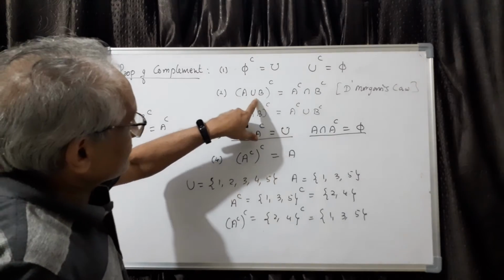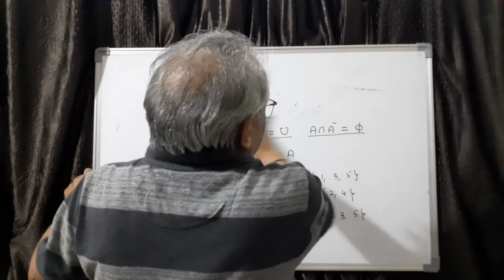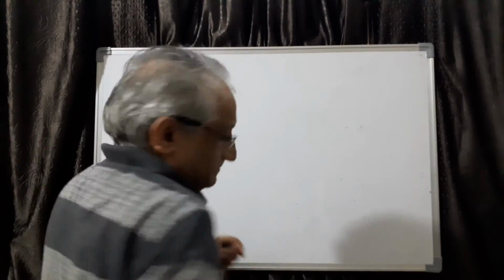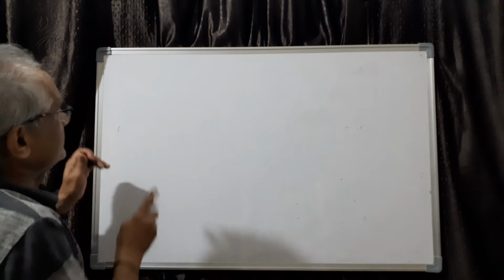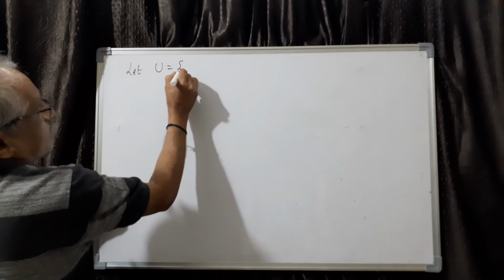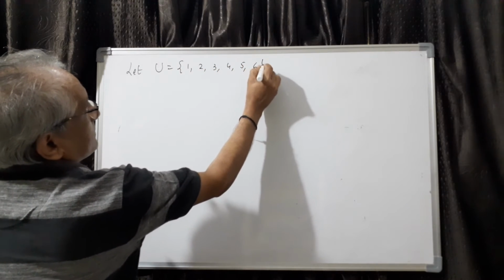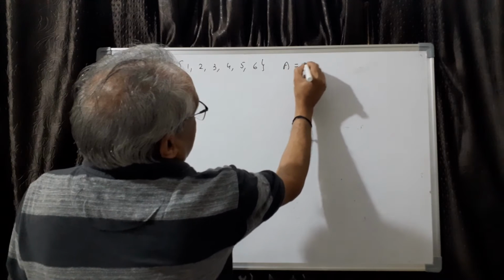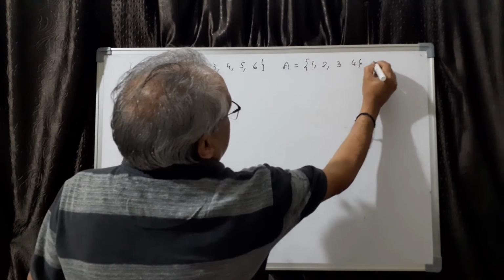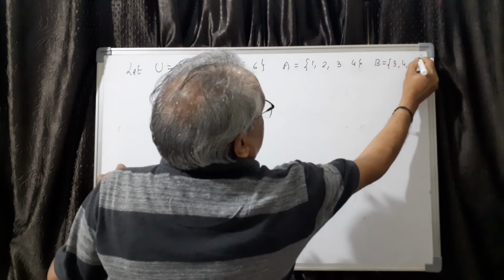And let me take De Morgan's law in detail. Both ways we have to prove. So let us take that law. Let U equal to 1, 2, 3, 4, 5, 6, and let us take A equal to 1, 2, 3, 4 and B equal to 3, 4, 5.